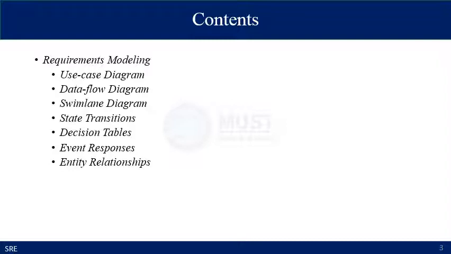For example, we have use case diagrams, data flow diagrams, swim lanes, state transitions, decision tables, event responses, and entity relationship specifications. These diagrams help each aspect of software requirement specification to formalize the requirements in a proper and visual representation.